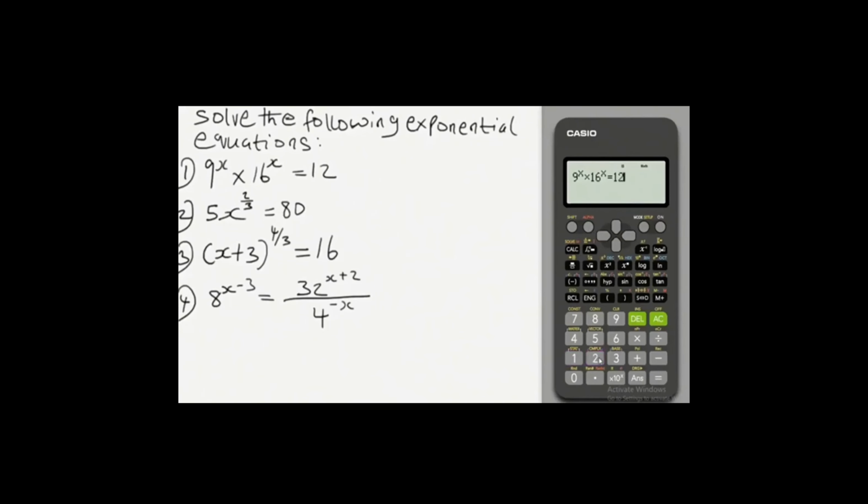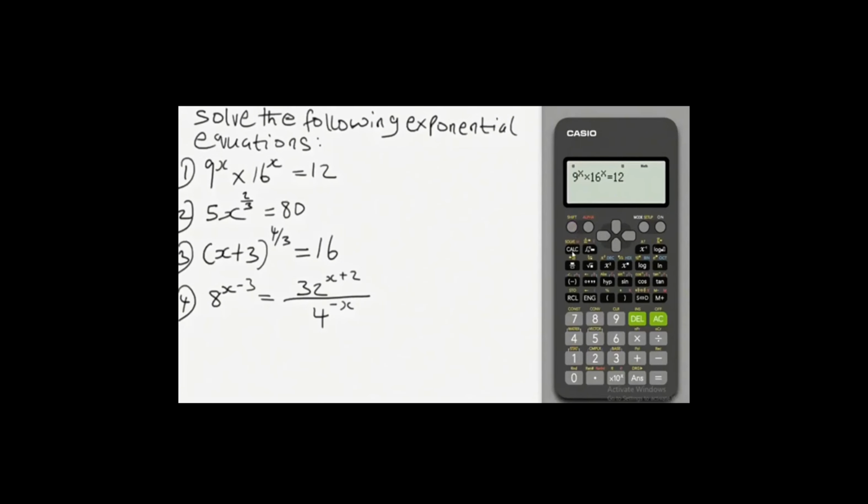So we are looking for the value of x, guys. At this juncture, don't press equal to. When you press it, it will give you a syntax error. Let me show you. If you press this now, you're going to see syntax error. Let's go back. The right procedure when you reach here is to press shift and this calc button for solve.